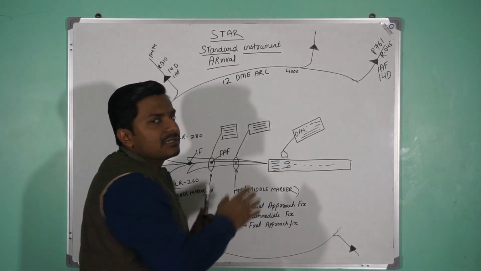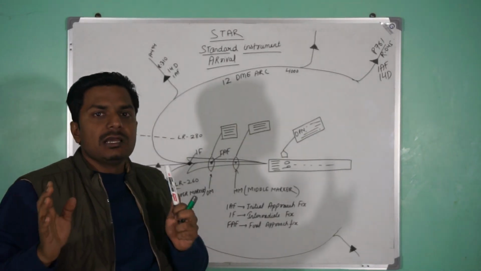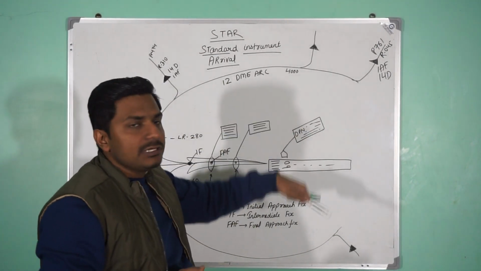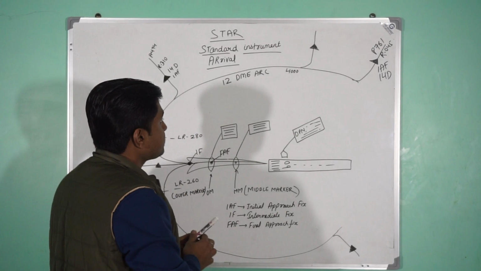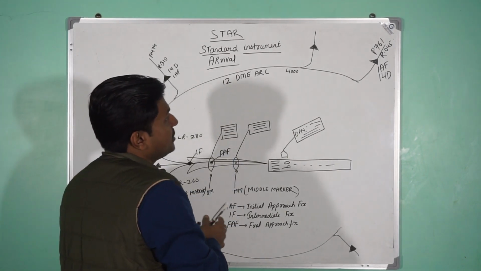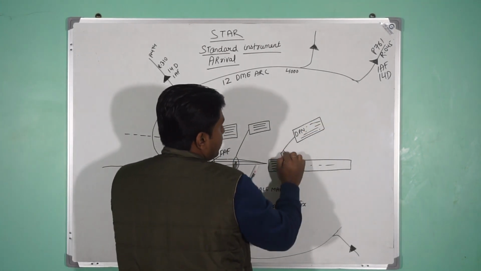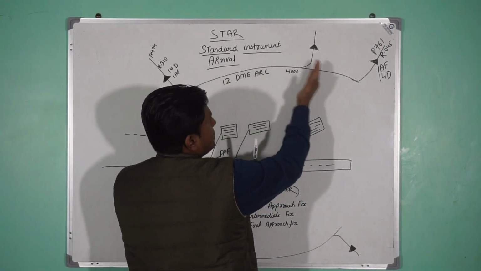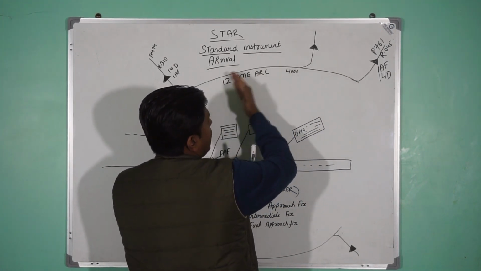Here it is not a full circle, but if you see the actual charts, you will find this is actually a full circle. So if you take 12 DME from the VOR, it will create an arc. This is how the DME arc is made.